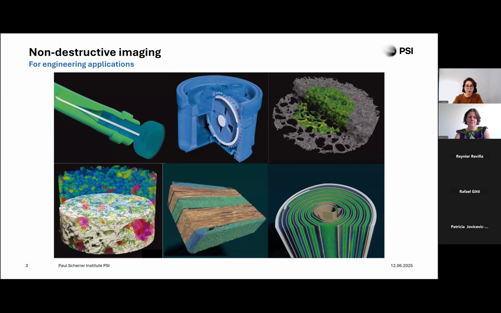Many of us have seen examples where X-ray CT scans have been used to reveal features like pore networks in foams or in cementitious materials, internal voids or defects in different materials, and much more. And always this is done without cutting the parts to pieces, meaning we do non-destructive testing.